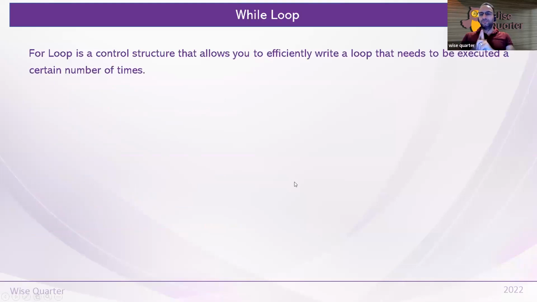Method name, number of parameters, data types, and minimum casting. There are 4 steps: method name, number of parameters, data types, and minimum casting. If you can remember 4 steps, you'll be able to solve all the questions.